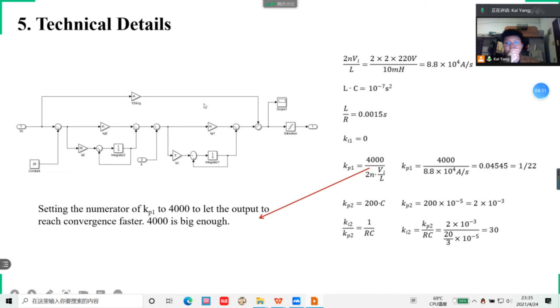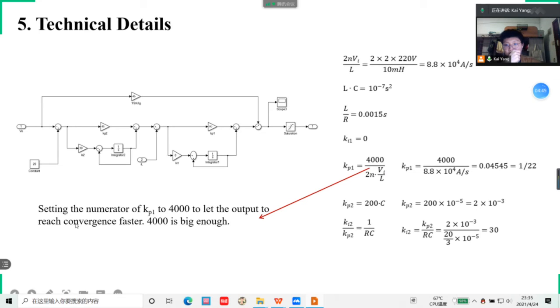And for the double PI controllers, we could also get the parameters from the known parameters. And here, why do we choose 4000 as the numerator of KP1?